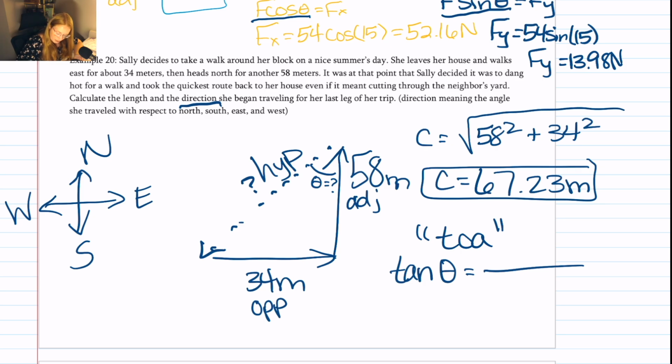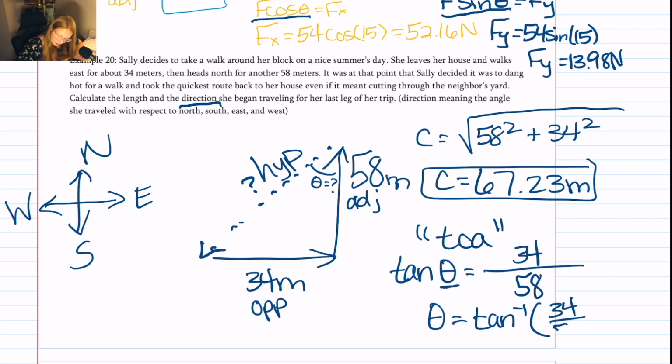So let's plug in our numbers. 34, 58. Well, I need to isolate theta, so I need to move tangent over. Remember, when you move a trig function over, it just becomes the inverse. So you have tan inverse of 34 divided by 58. That's 30.38 degrees.